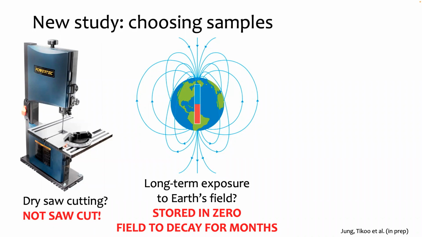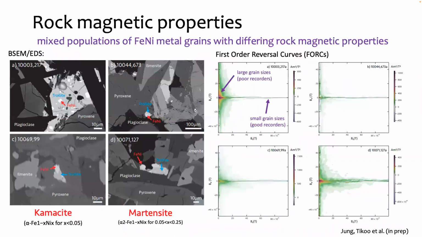So whatever terrestrial contamination might have been acquired should have decayed away by then, because it's a logarithmic process where most of the change happens right at the beginning, and then it levels off after even just a few hours.